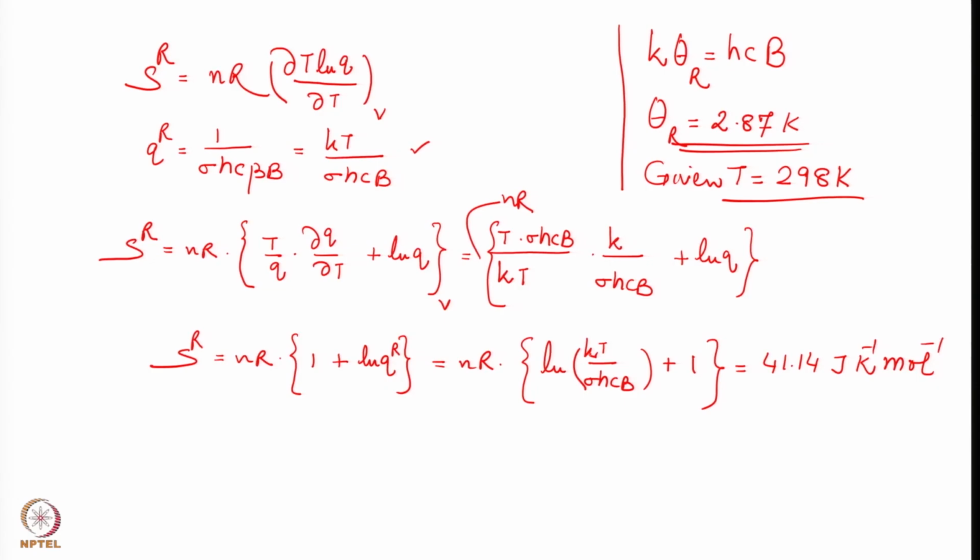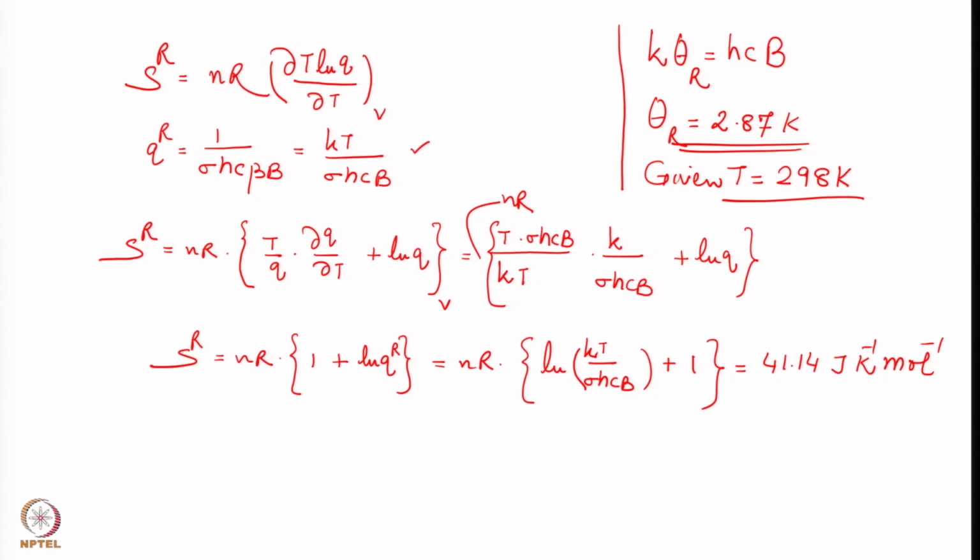k is the Boltzmann constant, T is the temperature which is given to you, sigma in this case, since it is nitrogen, is equal to 2, h is Planck's constant, c is the speed of light, and B is the rotational constant.